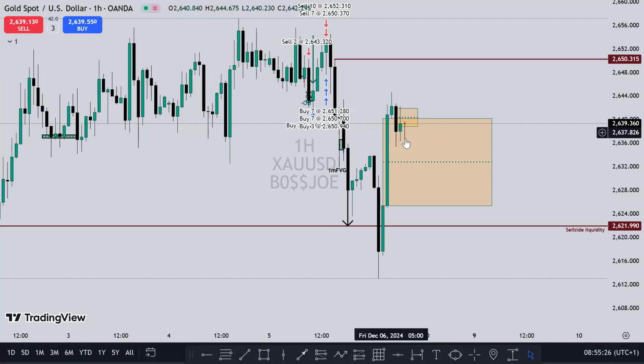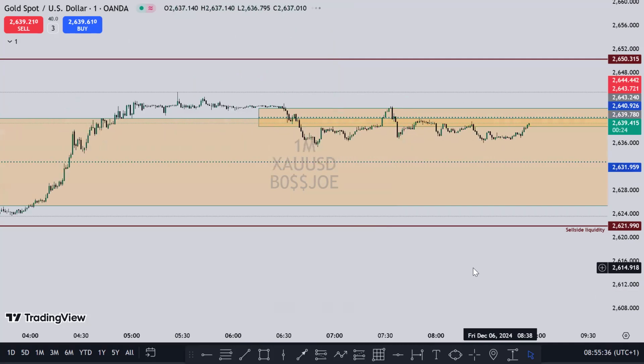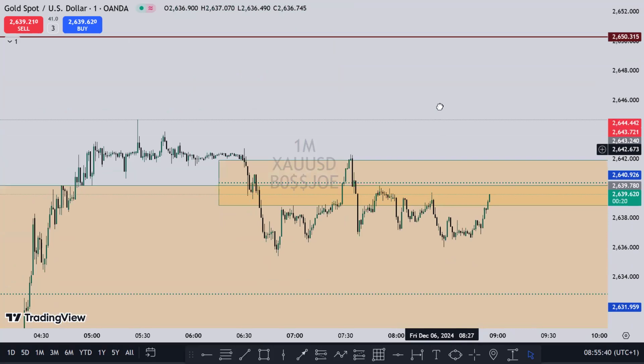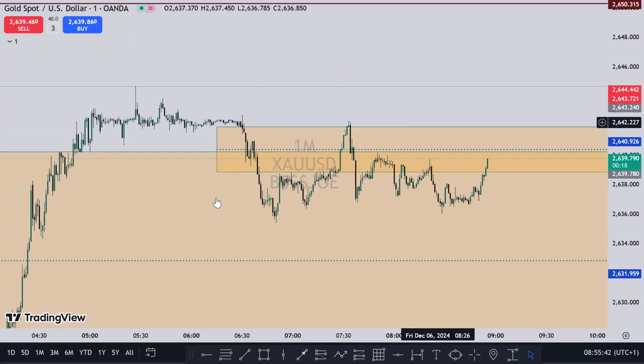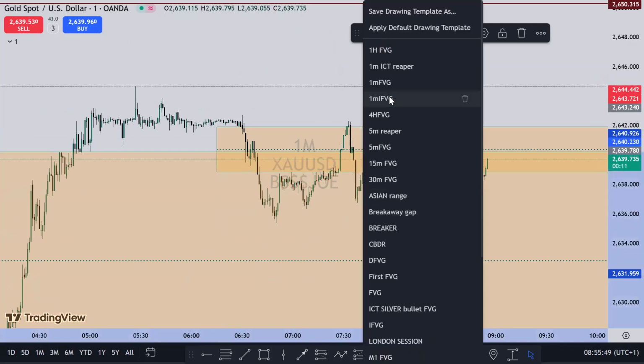With this now, you can find an entry. For example, let me show you something. If you look at this price right here now, this is that 1 hour fair value gap I just drew. Let me use the pen.